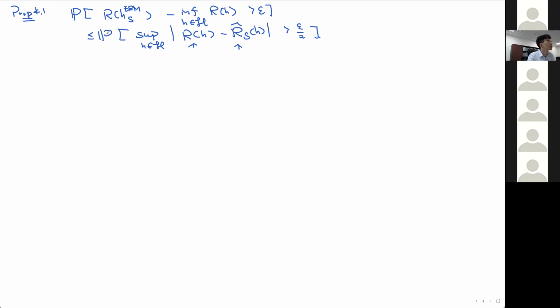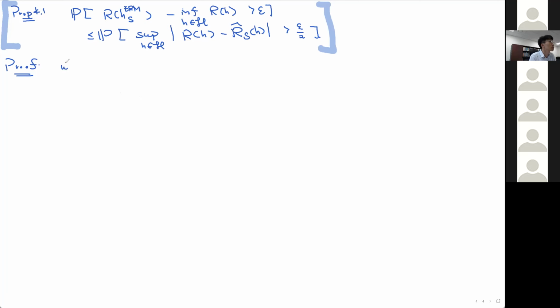Now to prove this proposition. The proof is not so difficult, but it uses some idea. So let's pick. Right. So what we're going to do?